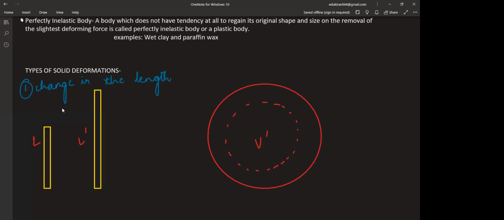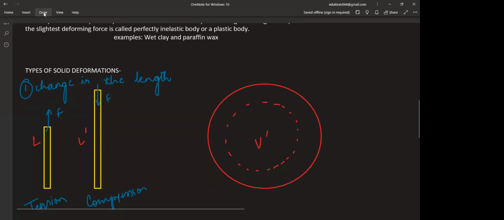If you increase the force, length increases. This force is called tension. If you're applying the force in the downwards, opposite direction, which is decreasing its length, we call this type of deformation compression. The force that acts is called compression.